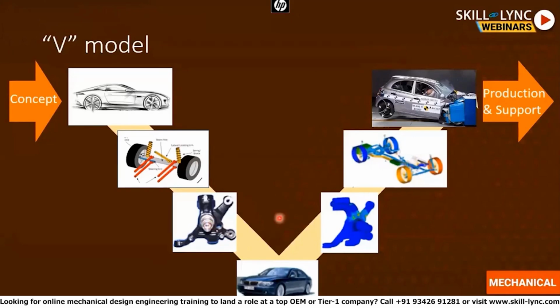And once this is done, the same component will be tested or validated digitally or physically to confirm whether this detailed design is meeting the customer requirement. Once this is confirmed, you go to the system level testing in line with the system level design. Once this is also done, integrate all the systems together and go for the final validation.